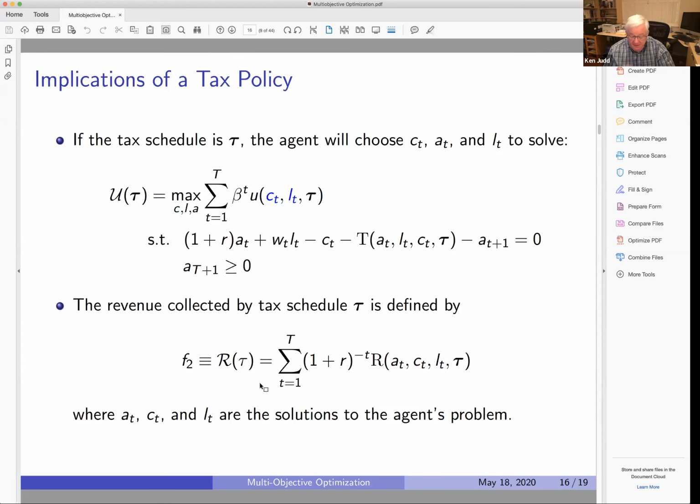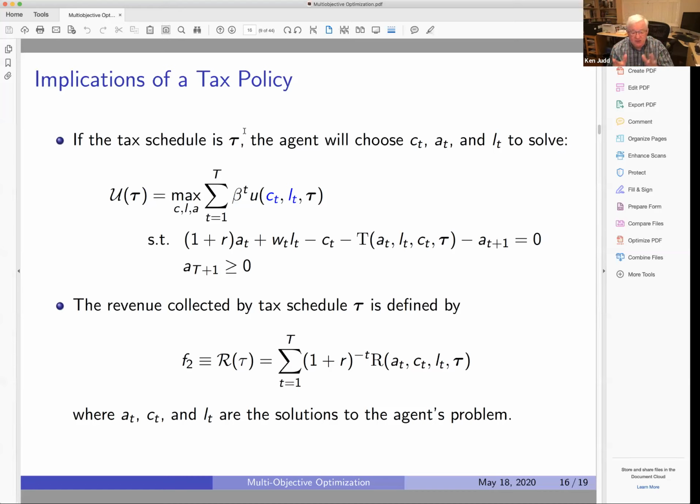Now, we're going to look at this problem in a way that's somewhat different than the usual way you've seen optimal taxation problems written. So what we do is we focus on the policy variable, the tax parameter, the tax schedule, which could be a vector of things. In this case, it's just going to be a tax on consumption.